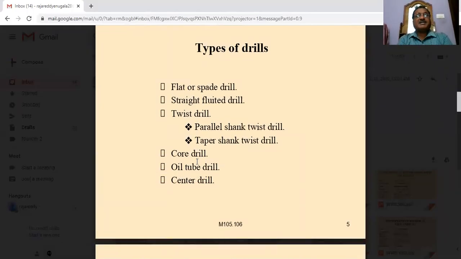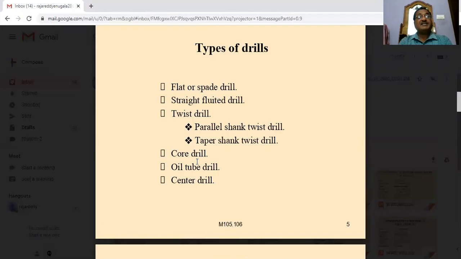Types of drills. One, flat or spade drill. Two, straight fluted drill. Three, twist drill.